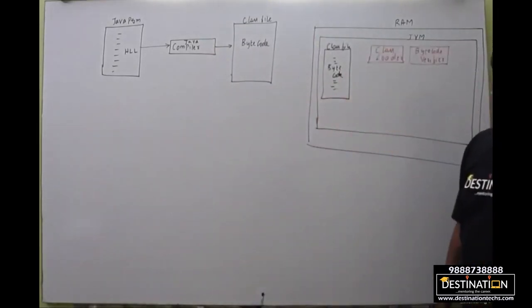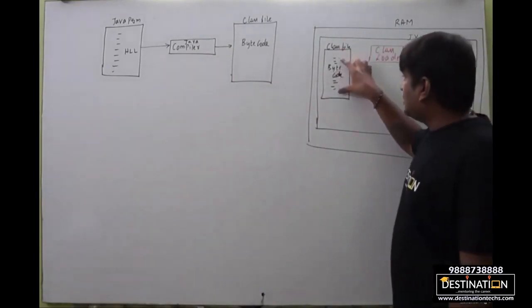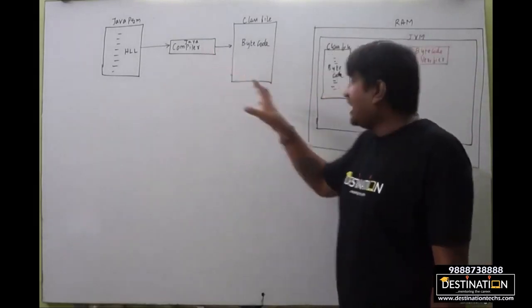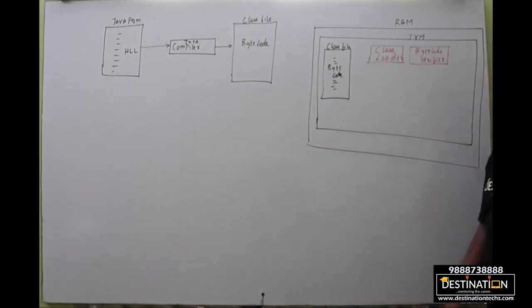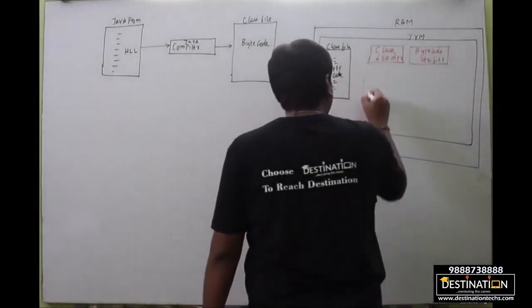I repeat, the bytecode verifier checks whether the bytecode in this class file is originally given by the compiler or not. So that part is checked by one person called the bytecode verifier.